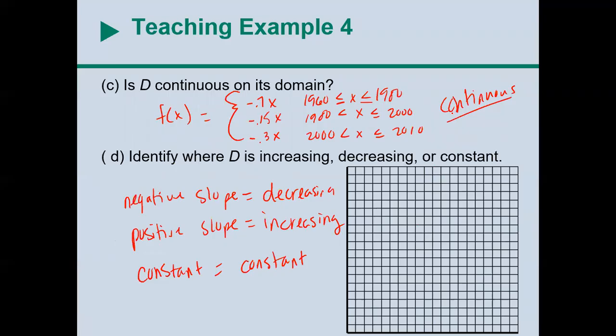Identifying where it's continuous, so setting up your piecewise and their intervals and making sure it's continuous. How do we feel? Okay. And then knowing when something is increasing, decreasing, or constant when it comes to linear. Negative slope, decreasing. Positive slope, increasing. Constant equals constant. Is it okay if I didn't draw the picture? Or do y'all need your picture? Yes.